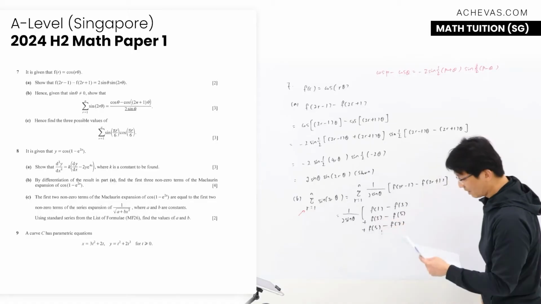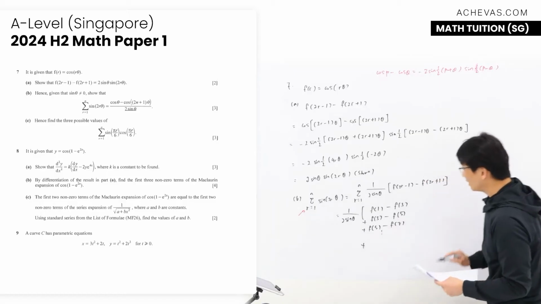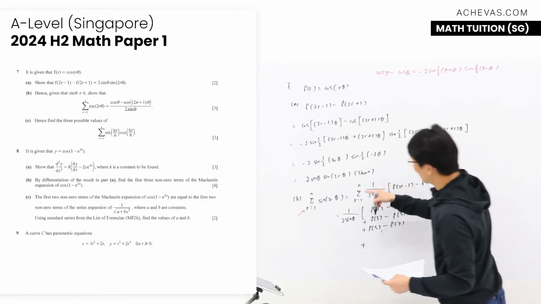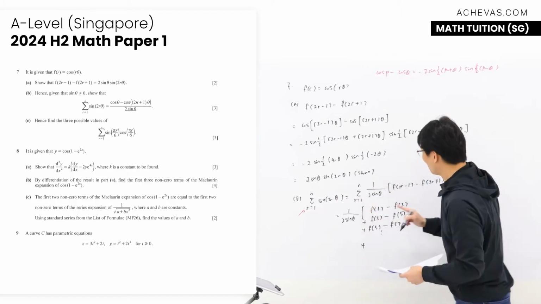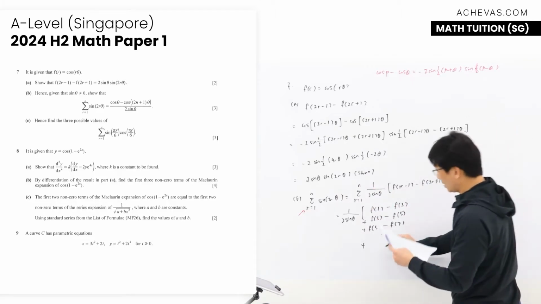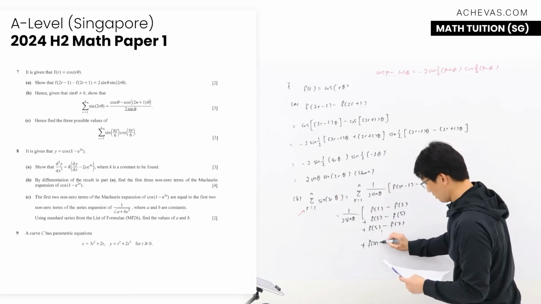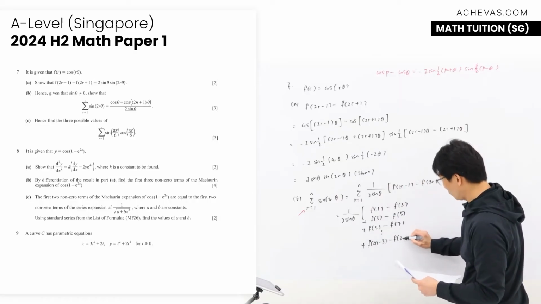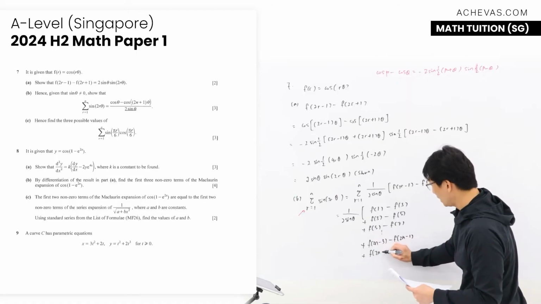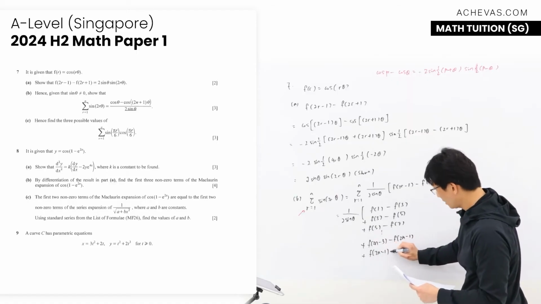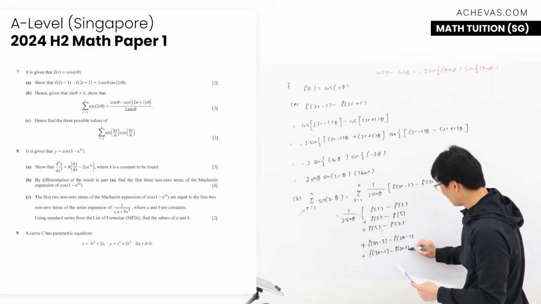I think that is enough. I'm going to write down the last 2 rows, which will be the n minus 1 term and the nth term. When I sub in n minus 1, I'll get f(2n minus 3) minus f(2n minus 1). And the last row will be f(2n minus 1) minus f(2n plus 1).